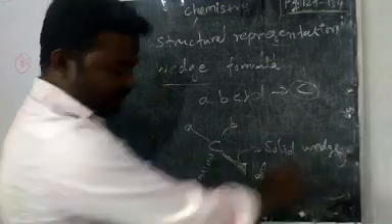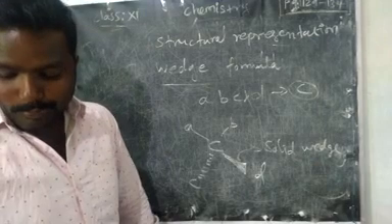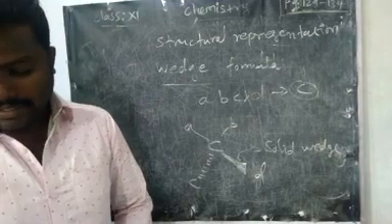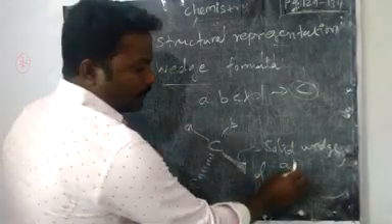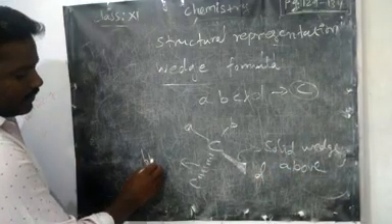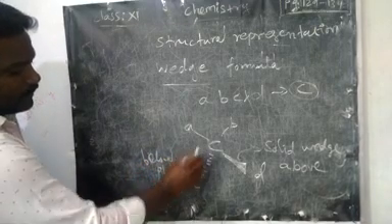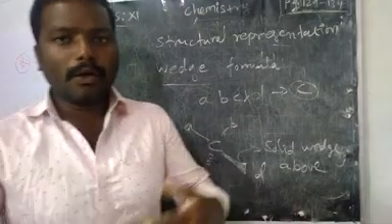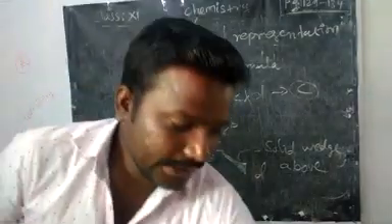This solid wedge indicates a bond projecting above the plane. Which one is above the plane? Solid wedge. Then dotted lines are below the plane. Then these two bonds, A and B, are on the plane, or in the plane.